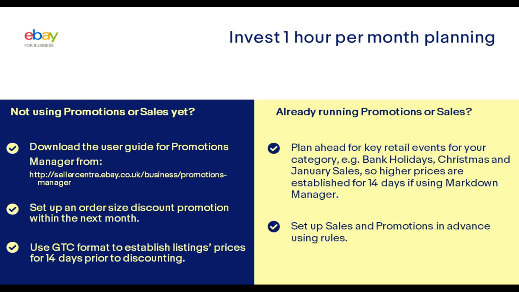Click on the business section and type Promotions Manager in that search bar, and that will bring up the page for Promotions Manager. You can also download the guide from there. You can do the same thing if you're looking for information about Markdown Manager, combined payments, flat postage rules, promotional postage rules. All that information is there within Seller Center for you.